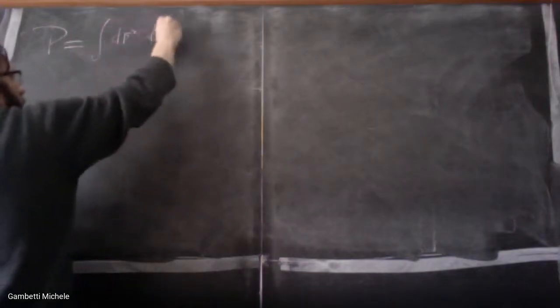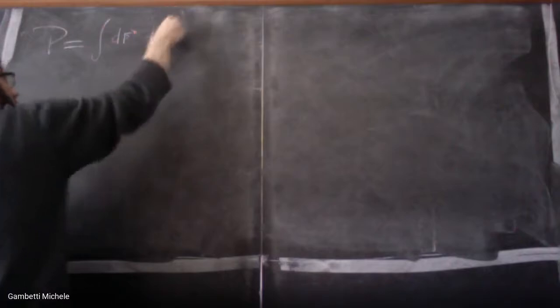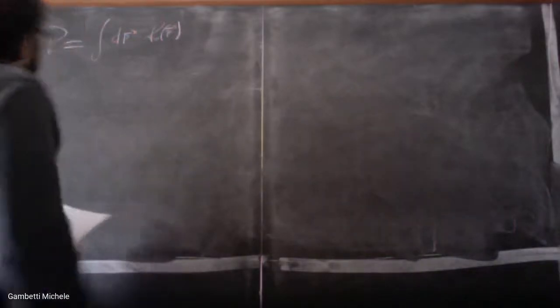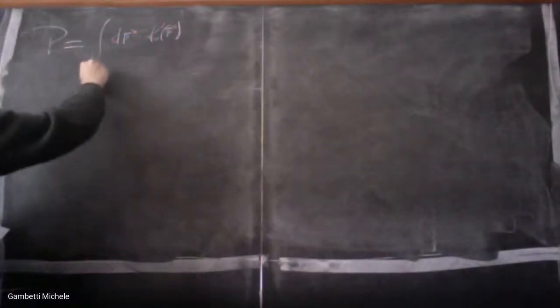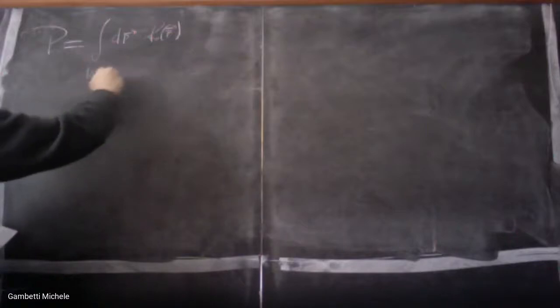So here I have dp times f0 of p, then I have a constraint on the velocity Vx larger than 0.